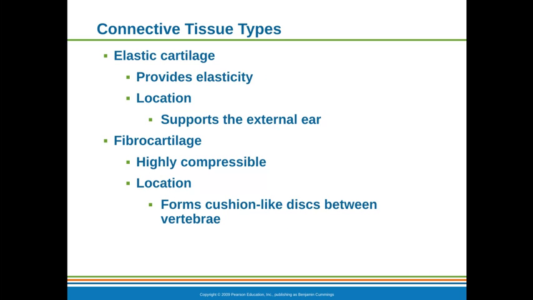So elastic cartilage, hence its name, provides elasticity, supports the external ear that is outside. We'll talk in detail in Chapter 5 about why it's important that that's elastic cartilage and not hard bone. We have fiber cartilage. It's very highly compressible. It's found between discs in the vertebrae.